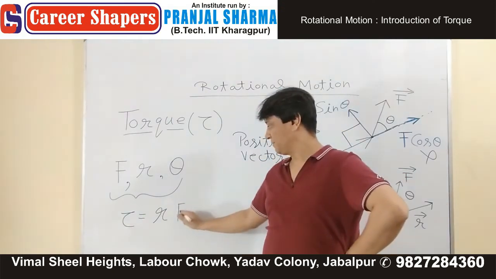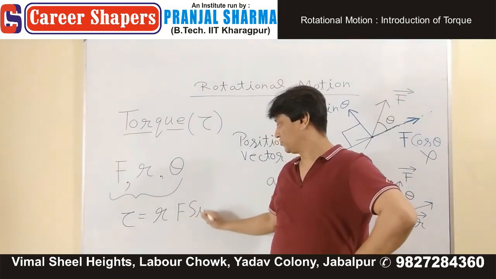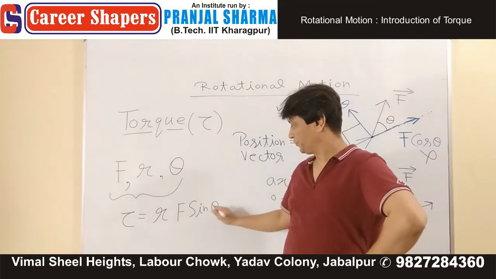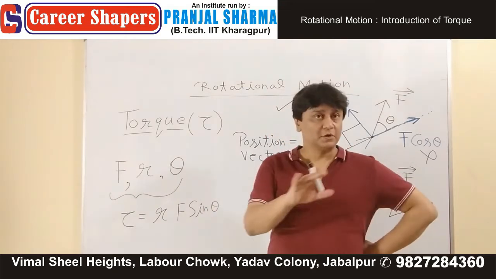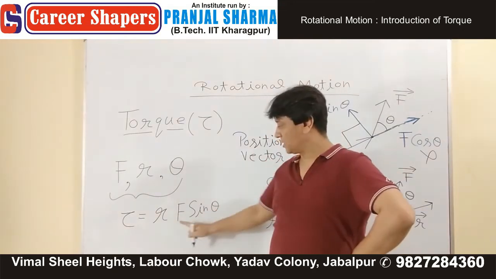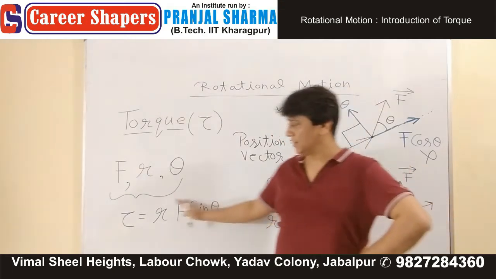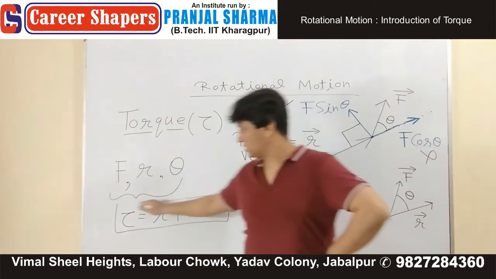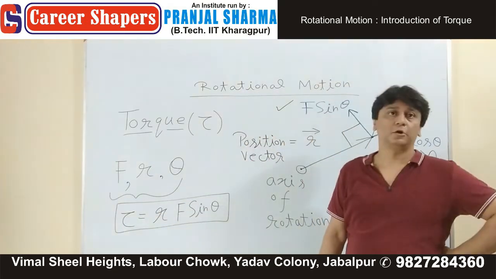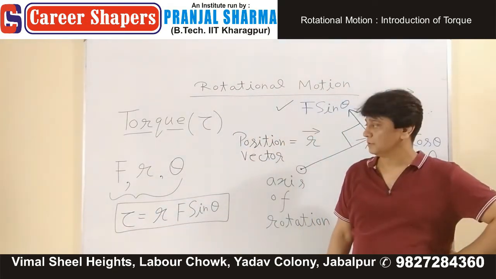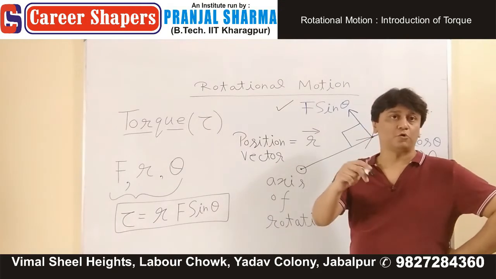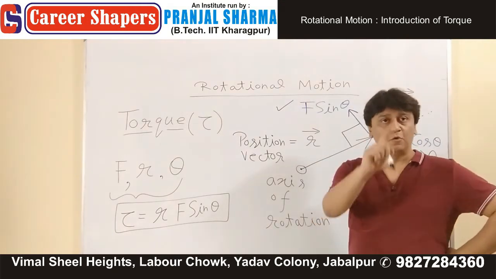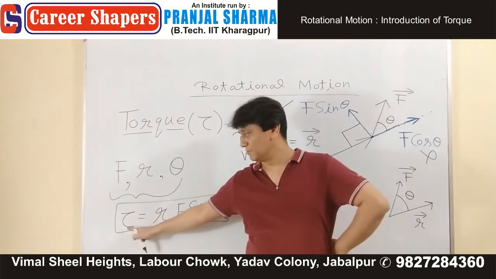Not F, but F sine theta. This combination of R, F sine theta collectively is called what? Torque. So if a body is going to rotate or not will be decided by this number.